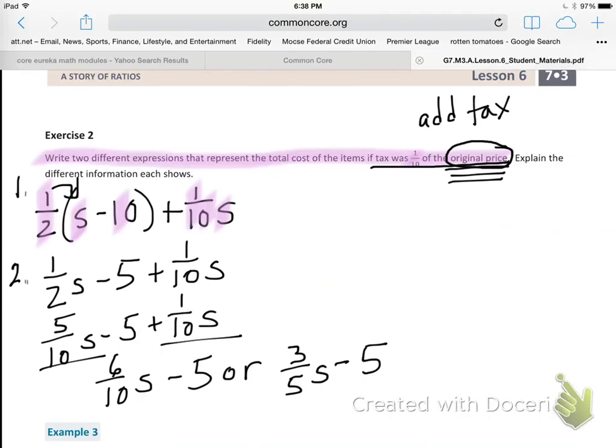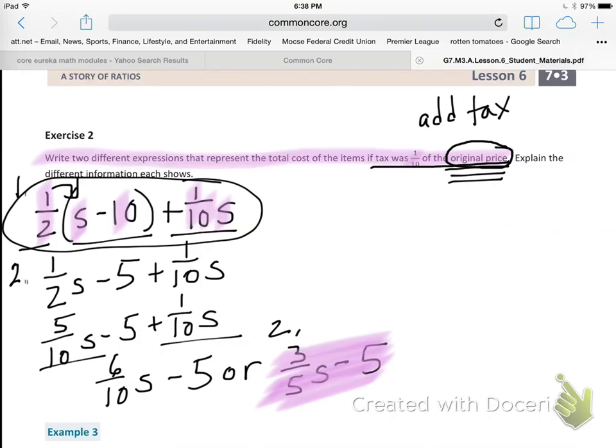So this would also be the second way we can express this whole scenario of the half-price sale of the already discounted shirt, along with the tax on the original price of the shirt. That was a pretty clear-cut way, and this way just combines like terms and is really in its simplest form.